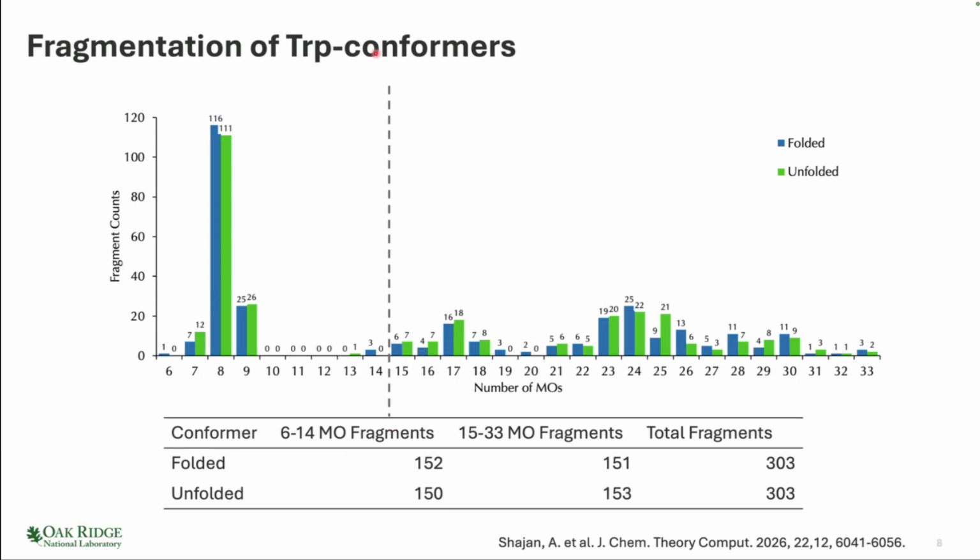So this vertical dashed line separates the states on the left, which will be solved with exact diagonalization because the Hilbert space of those problems is small enough to diagonalize exactly, kind of trivially, versus on the right side of this dividing line, these are the fragments which will be treated with the sample-based diagonalization approach.